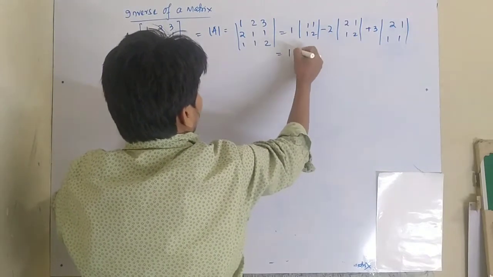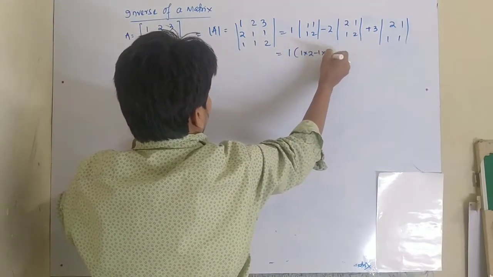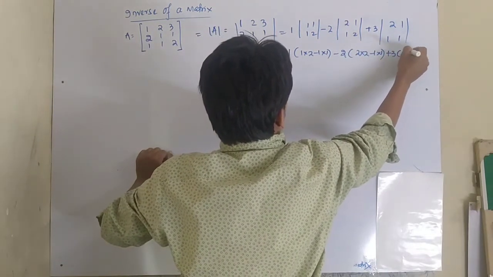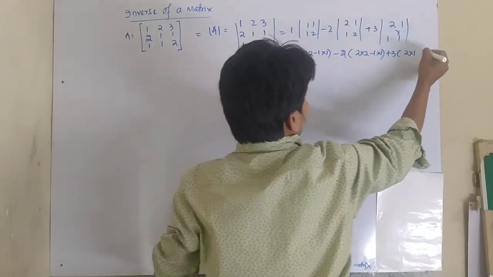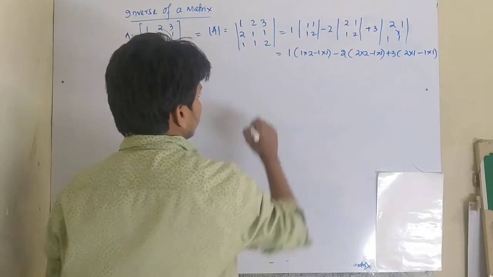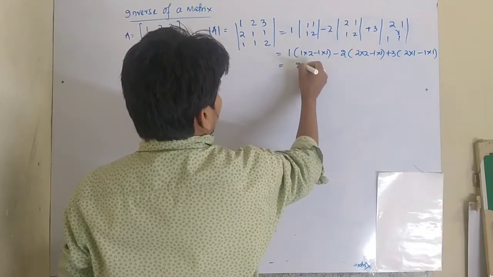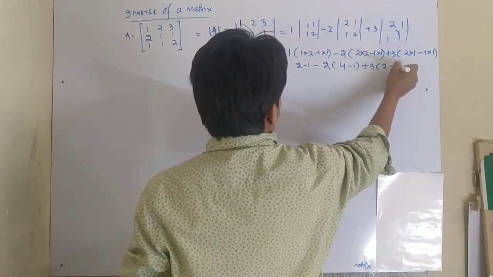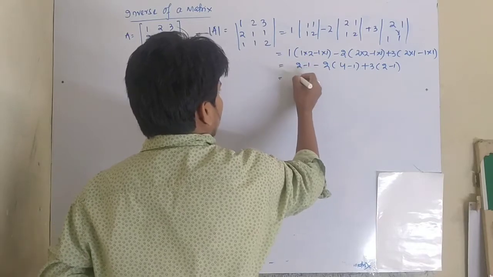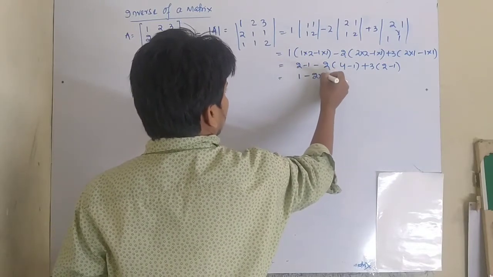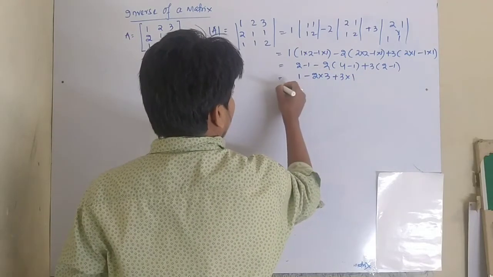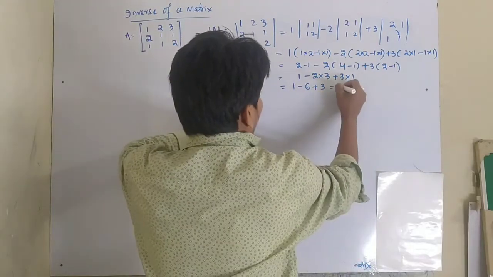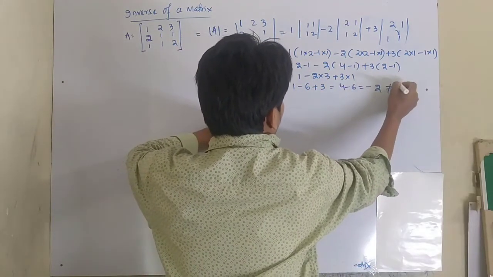Now multiply: 1 into 2 minus 1 into 1, 2 into 2 minus 1 into 1, 2 into 1, here multiply 1 into 1. 2 minus 1, 4 minus 1, 2 minus 1. 2 minus 1 is 1, and 2 into 3 plus 3 into 1, that means 1 minus 6 plus 3. 3 plus 1 is 4, minus 6, that is minus 2, not equal to 0.